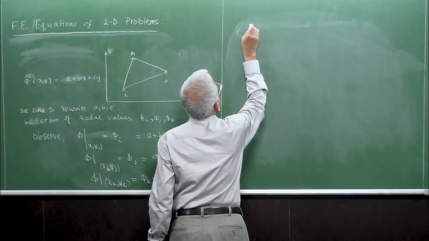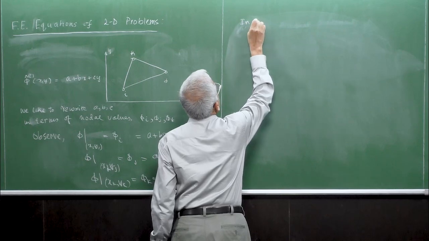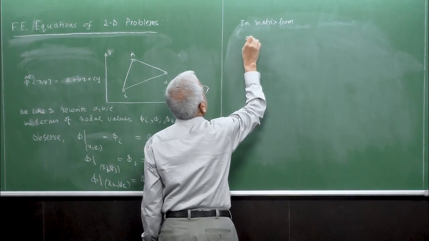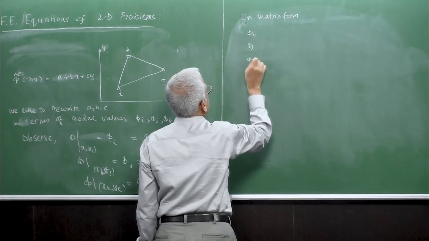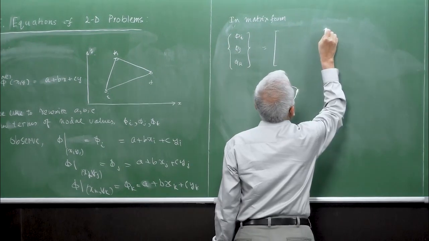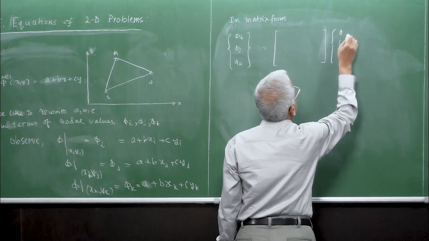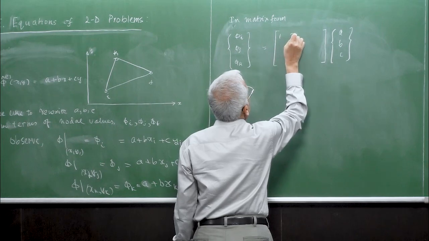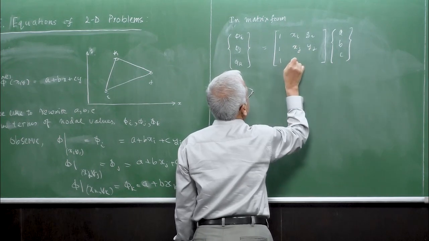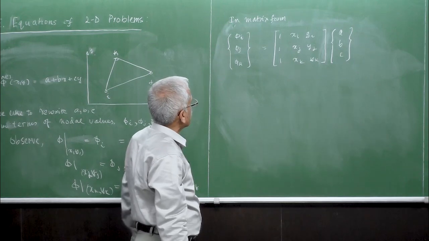So using these three equations, we should be able to express a, b, c in terms of phi I, phi j, phi k, which we can write concisely in matrix form. So how we write is that phi I, phi j, phi k is equal to, okay, we are writing this.